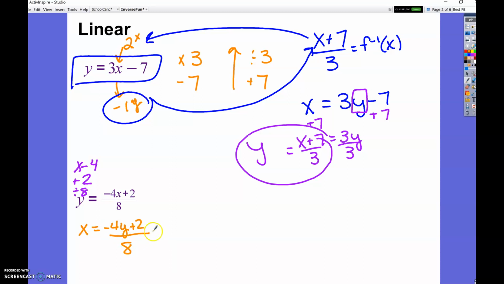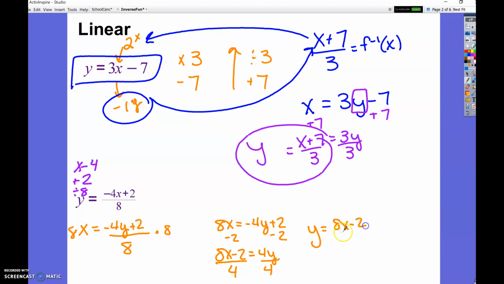To cancel out dividing by 8, we would multiply by 8 on both sides. That gives us 8x equals negative 4y plus 2. To get rid of the 2, we'd subtract it from both sides, so 8x minus 2 equals negative 4y. And then finally, dividing by negative 4, make sure you divide the whole thing. We'd have y equals 8x minus 2 all over negative 4.